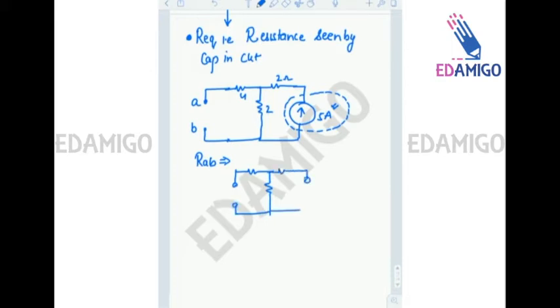So this will be open circuited. Okay, RAB. So this is A, this is B. We can see that RAB is actually a series combination of 4 and 2, right? So RAB is 6 ohms. Very simple.